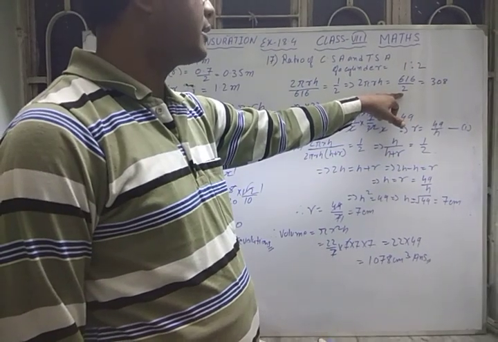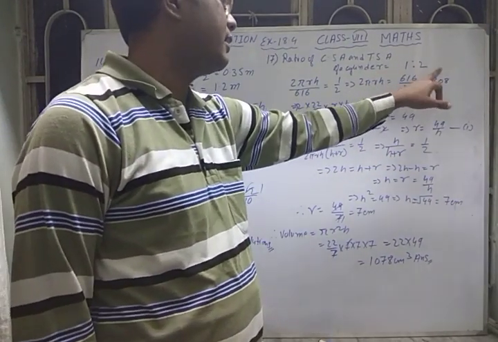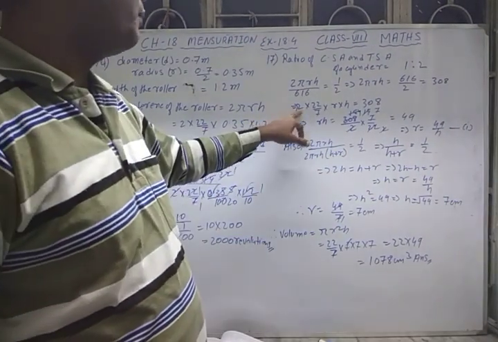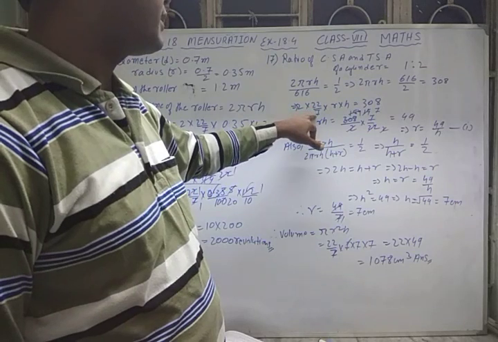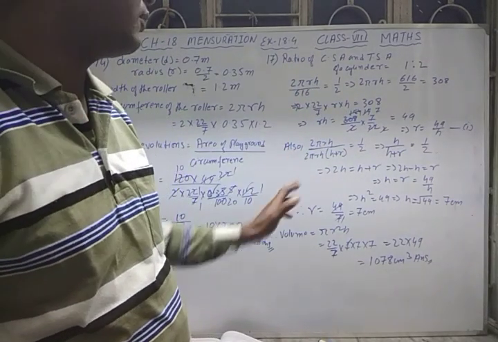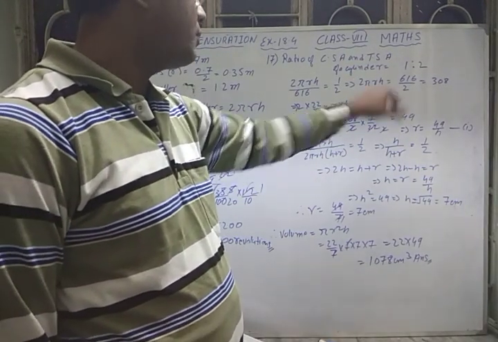When you do the cancellation, 2 3s are 6, 2 zeros are 0, 1, 16, 2 8s are 16, so 308. So ultimately 2 pi RH means 2 into 22/7 into R and H. You don't know the radius and height of the cylinder, so just write R and H equals 308.